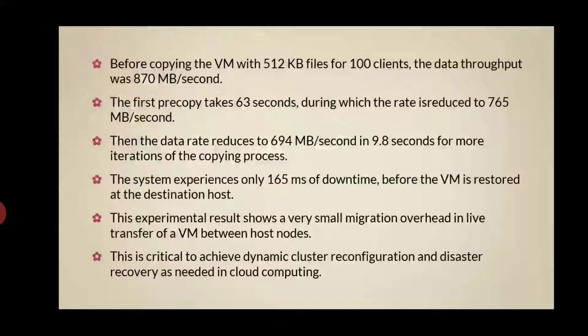Then the data rate reduces to 694 megabits per second in 9.8 seconds for more iterations of the copying process. Finally, the system experiences only 165 milliseconds of downtime before the virtual machine is restored at the destination host.